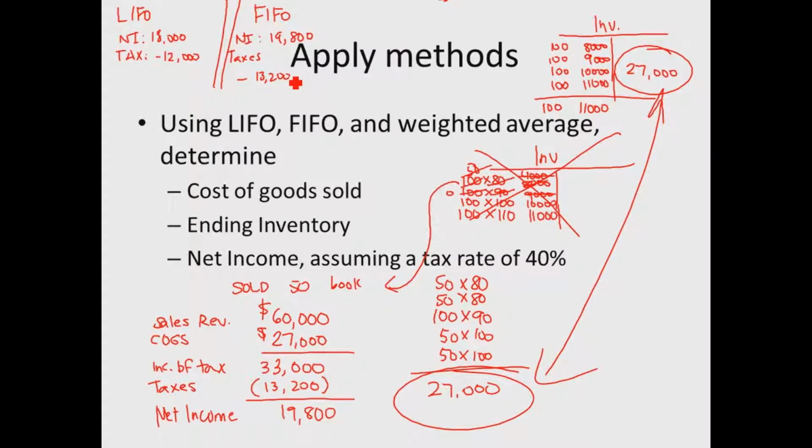So logically and economically, sensible thinkers would say LIFO is the better firm, in this case, obviously, because prices are going up. But if the market doesn't see through that and doesn't understand the implications, then it might not be the case. Okay, so let's do weighted average and take a look.